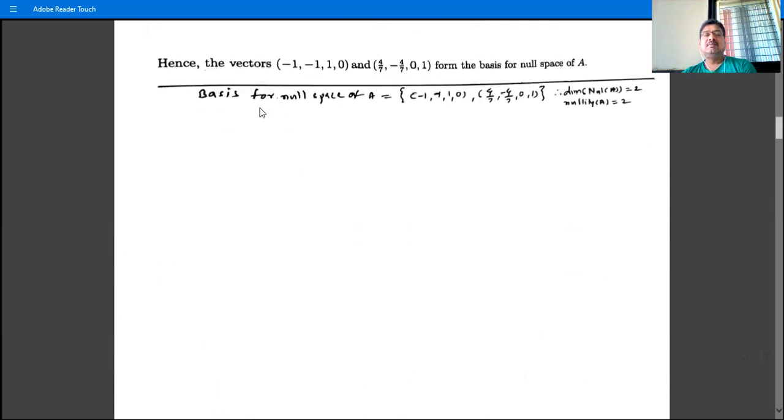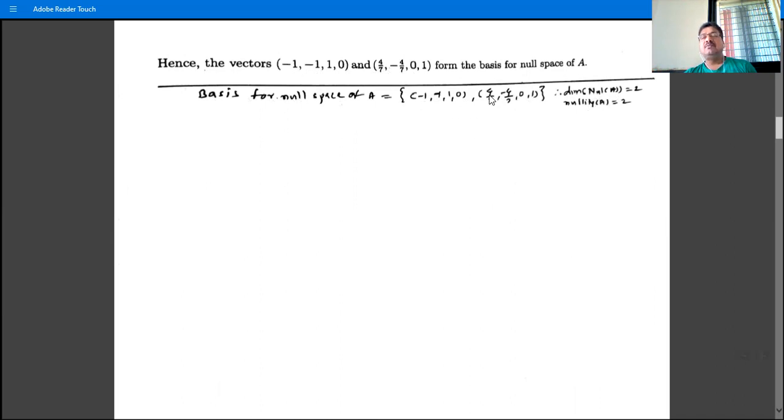And so the basis for the null space of A is the set of these two vectors, (minus 1, minus 1, 1, 0) and (4 by 7, minus 4 by 7, 0, 1). These two elements form the basis for the null space of A, and the dimension of the null space of A is 2.